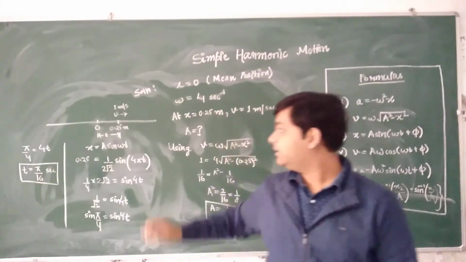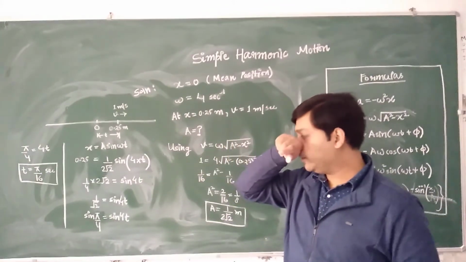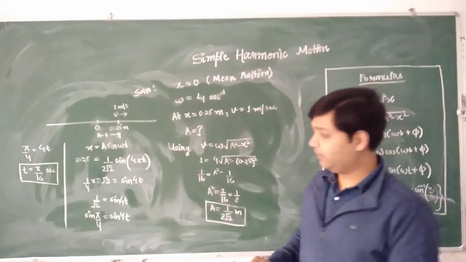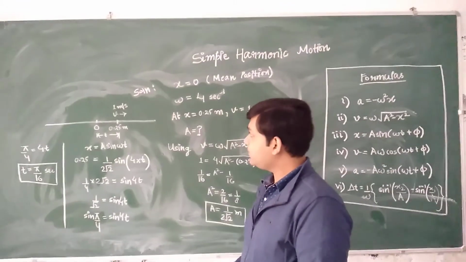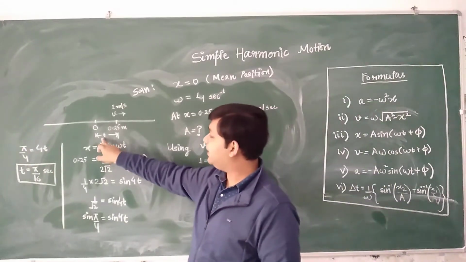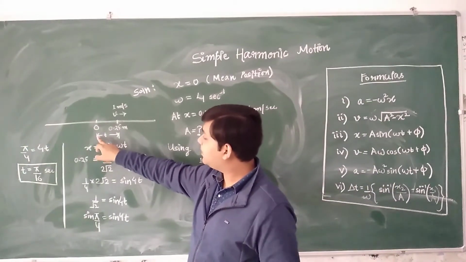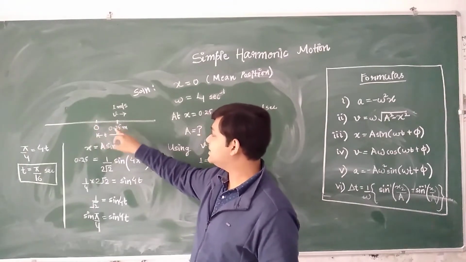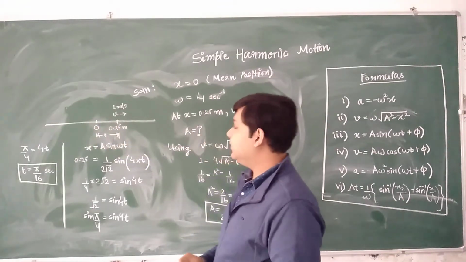Please copy it in here and then we shall move forward, because I need more space. I will be erasing it and then we will discuss further. Please note this time till here. So we have got a time which is taken by the particle to go from its mean position to x equal to 0.25 meter, right?